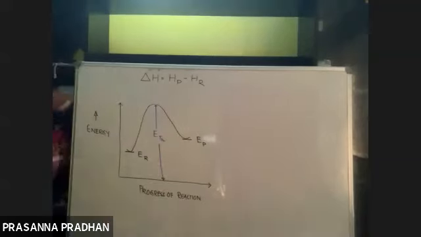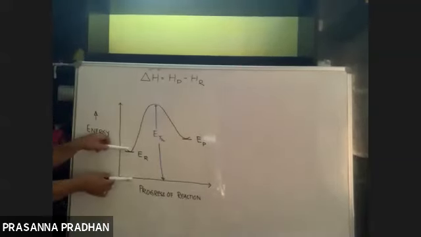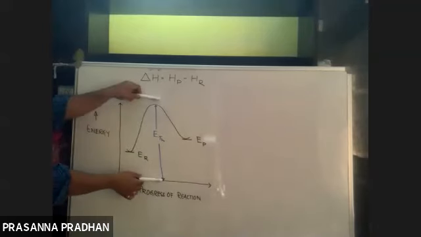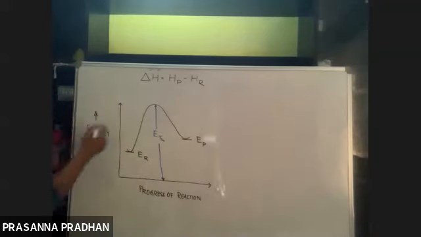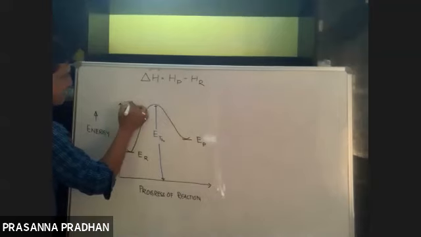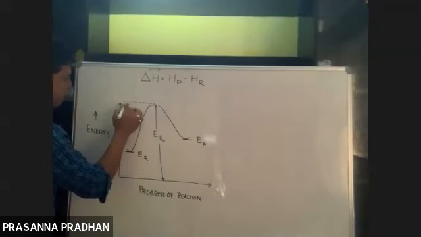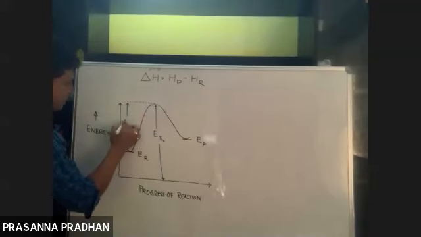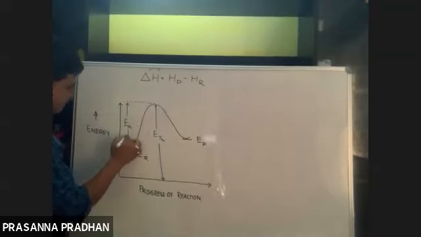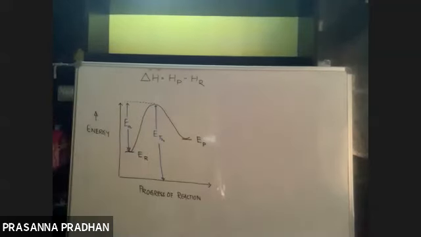A reactant molecule must possess at least this much energy. But here we see the energy of reactant is less than the threshold energy. So the additional energy must be supplied in the form of activation energy.